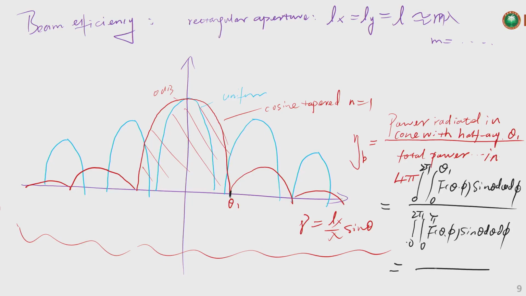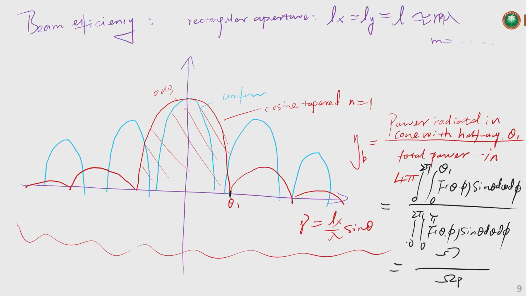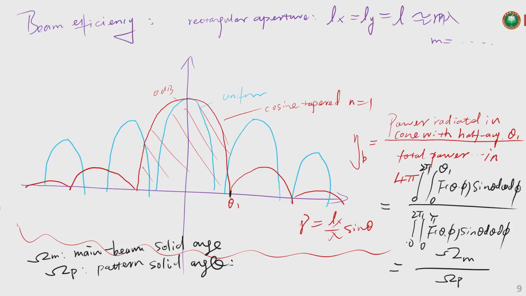It's related to the solid angle: omega B represents the main beam solid angle, and omega p is the pattern solid angle.